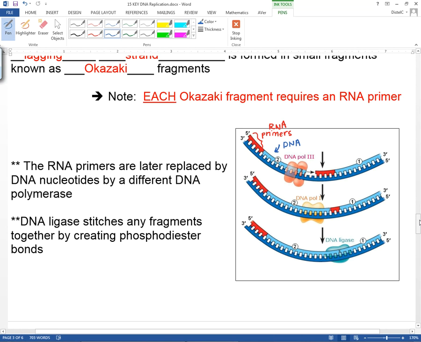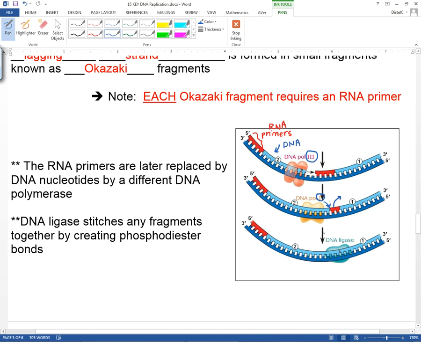So what has to happen is, it says the RNA primers are later replaced by DNA nucleotides by yet a different DNA polymerase. So DNA polymerase 3 is the one that's adding the new nucleotides, elongating the DNA. DNA polymerase 1 is actually going to take out the primer and then put in DNA nucleotides, right?